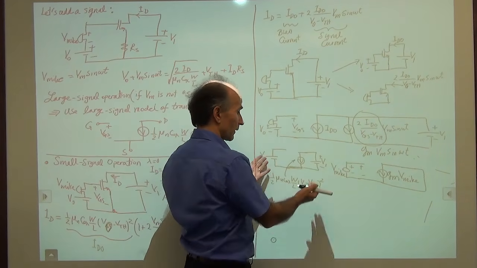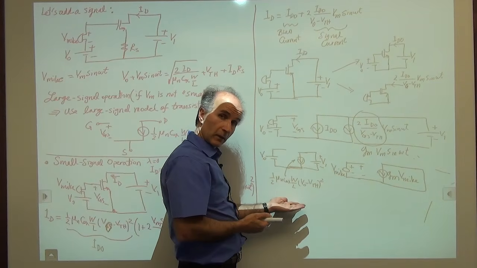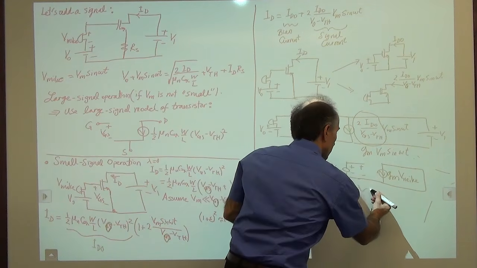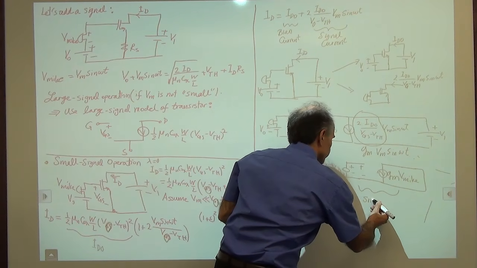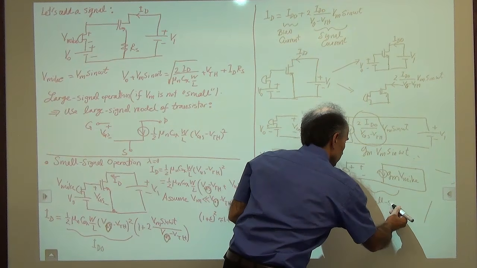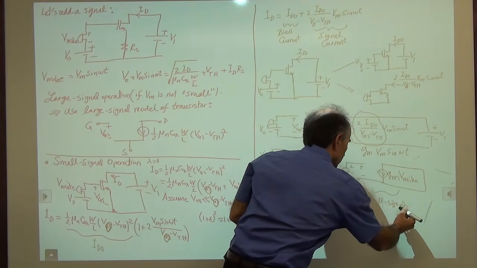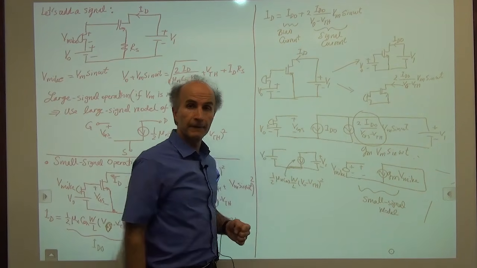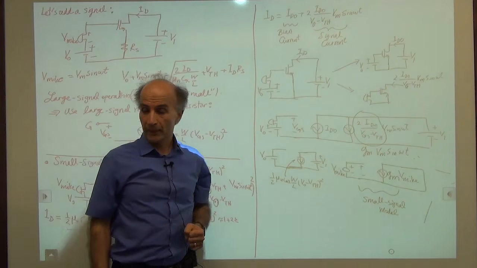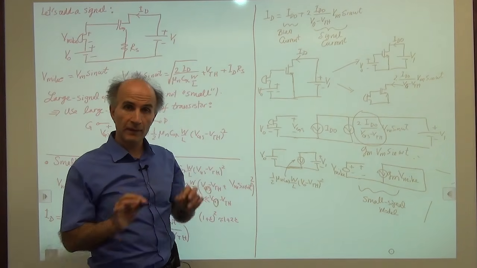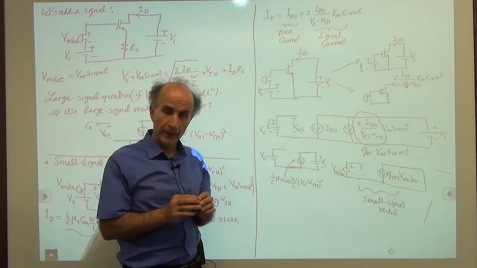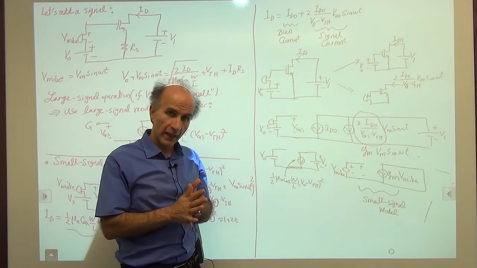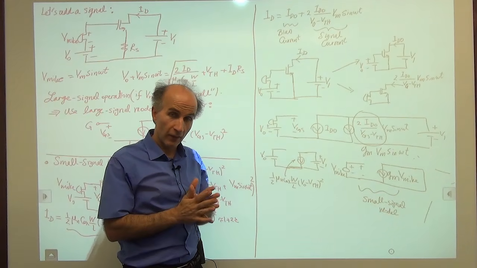So this is what we call the large signal model, if you will, which is also used for bias calculations. And this is what we call the small signal model of the MOS device. It's very important to understand that small signal operation means the signal that's coming in creates a very small change in everything.